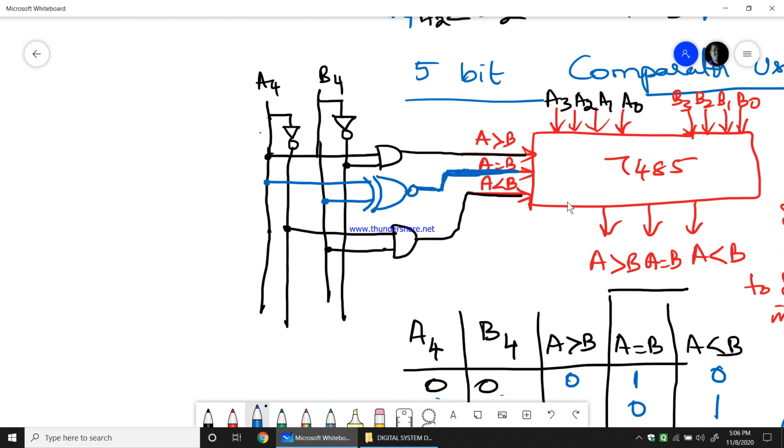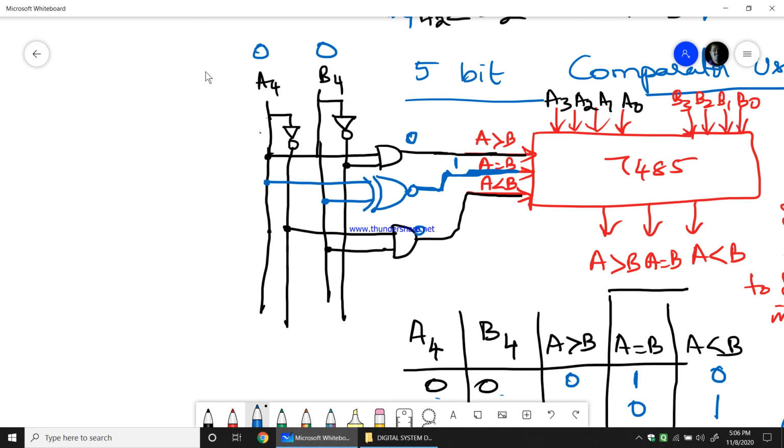So therefore, when I have 0, 0, it means that A equals will be high, because the gate outputs will be 0, 0. Therefore, 0 XNOR 0 is 1. This will go high, and then it will compare A3 to A0 with B3 to B0.